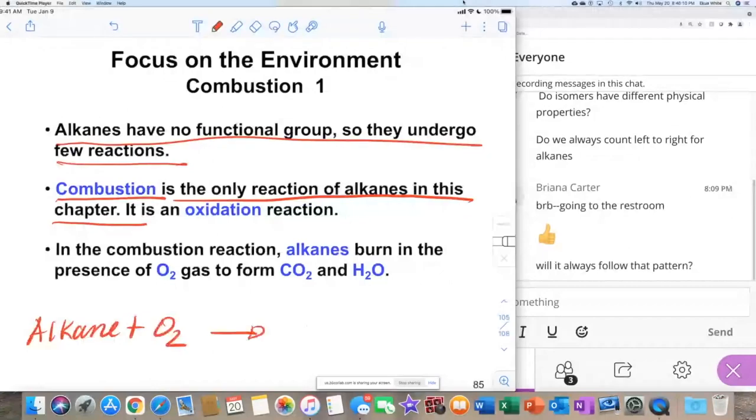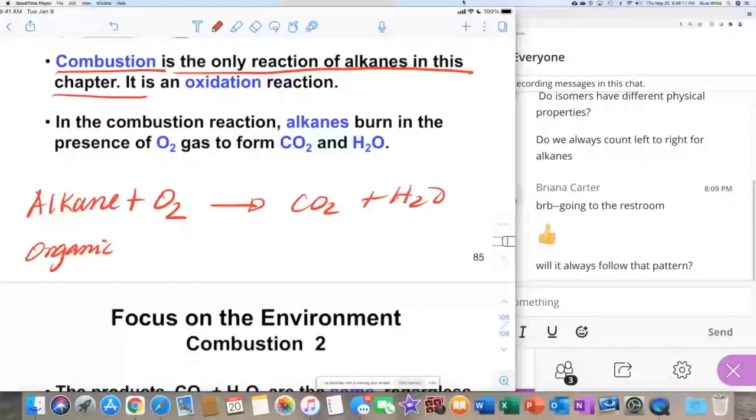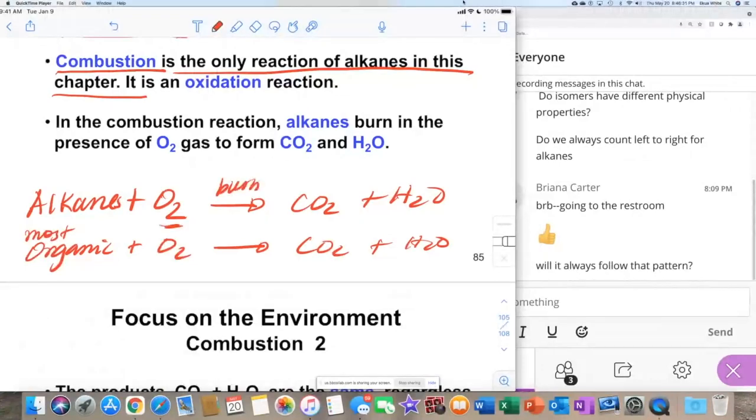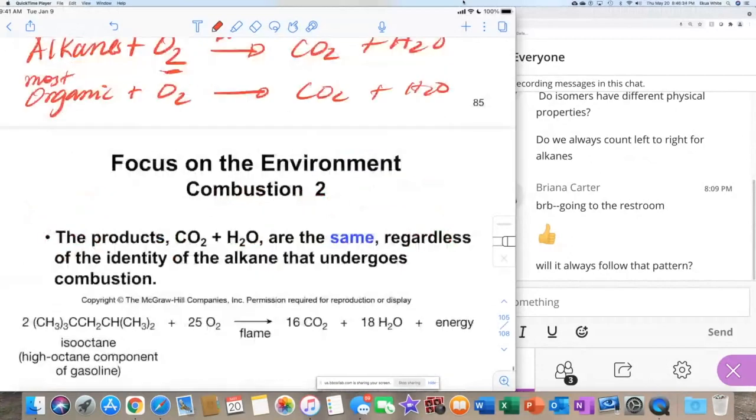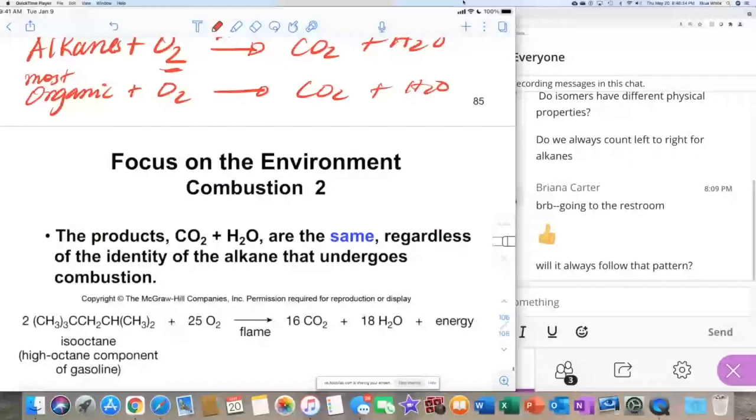So most organic compounds burn in oxygen to give carbon dioxide and water. I'll say most, but alkanes for sure burn in oxygen, like fuel, right? To give you carbon dioxide and water. So when you're making a barbecue, you use that lighter fluid. The lighter fluid is most likely an alkane.